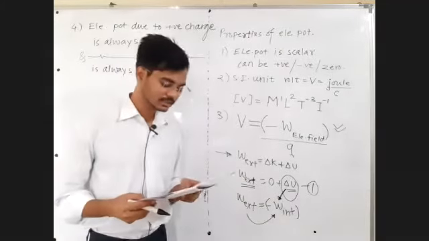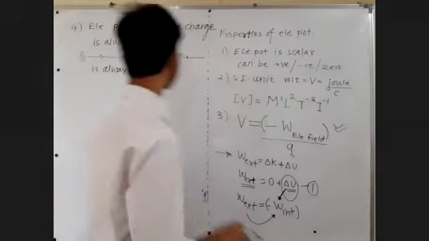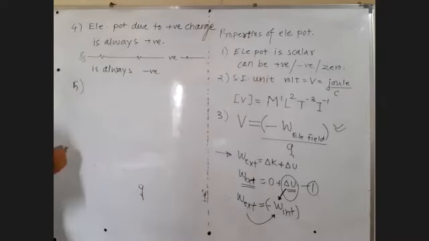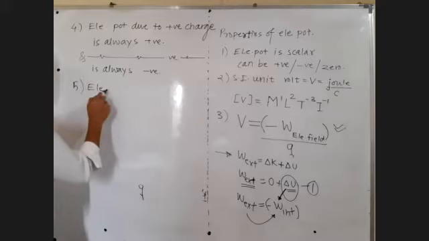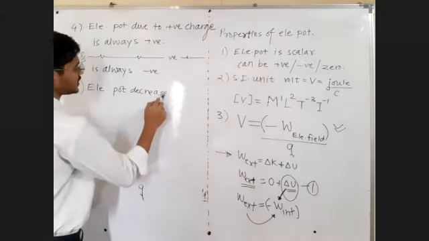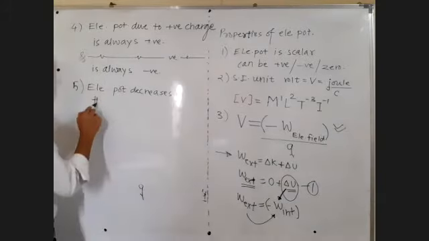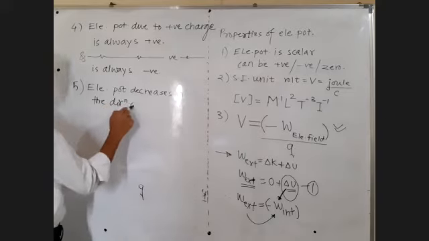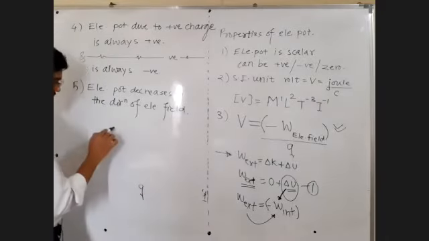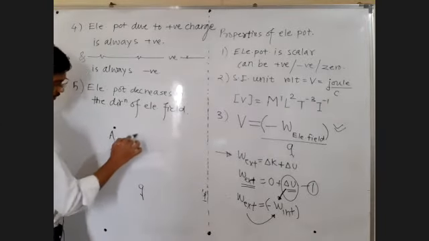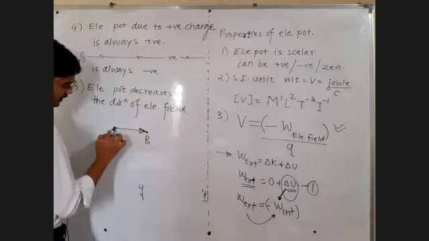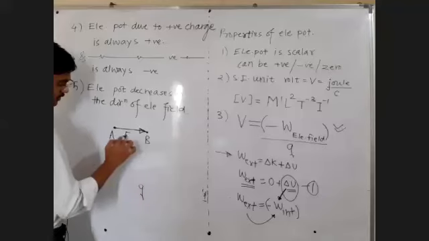Potential decreases in the direction of electric field. Next property. Write down. Rather than saying this as a property, we can take this as a convention. Electric potential decreases in the direction of electric field. Let's say at this point A and at this point B, the direction of electric field is rightward.